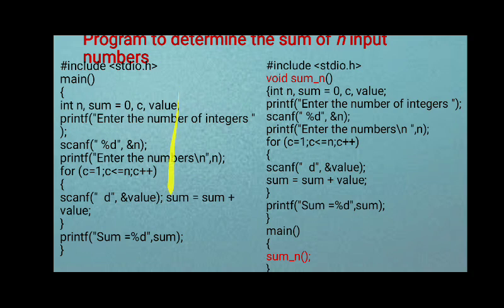The program on the left side shows the program written without using any function. You are declaring the variables n, sum, c, entering the value of n, then entering each value, and then calculating and displaying the sum.